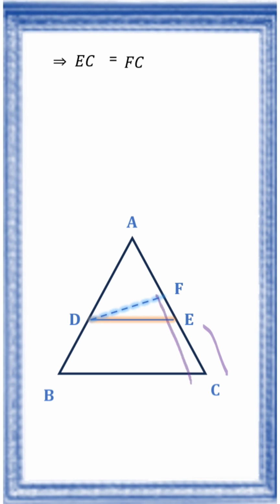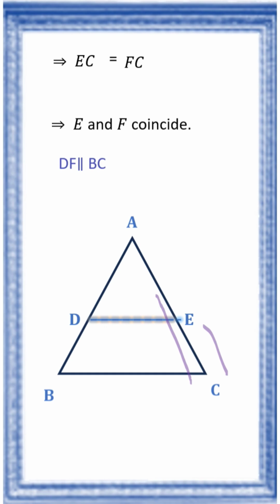Now let us drag the line DF on the line DE. What happens now? Okay. E and F are one and the same. Means E and F coincide on the same point E. We can consider the F point as E now.